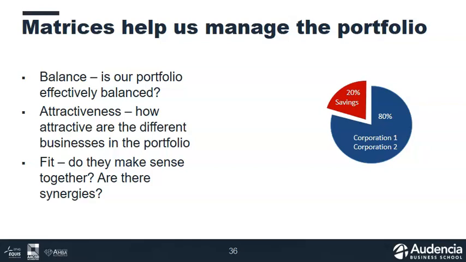If I've defined my 80% and 20%, now I'm going to ask specifically, is Corporation 1 attractive? Is Corporation 2 attractive as an investment in my portfolio? Are they doing a good job? And finally, we'll ask, how well do we all fit together?